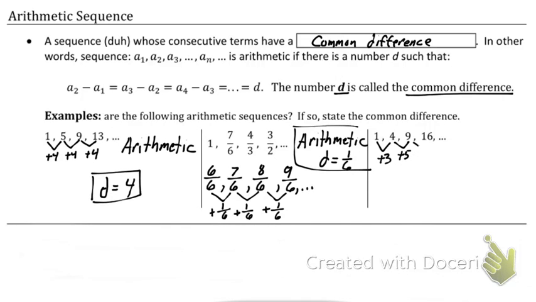I'm going to do the next one just to show, but that means it's not arithmetic. And that's all we have to put in this section for now. It could be another type, but we're not going to learn that for a couple more sections. So right now we're just worried about the adding and the subtracting one, and getting our common difference.